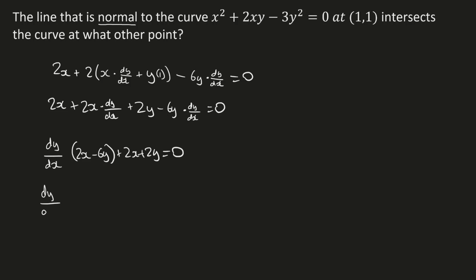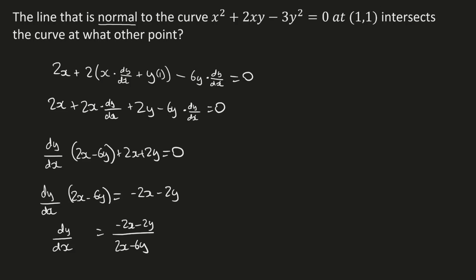So dy by dx times (2x minus 6y) is equal to minus 2x minus 2y. So dy by dx is equal to (minus 2x minus 2y) divided by (2x minus 6y).